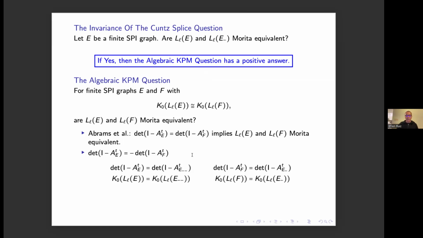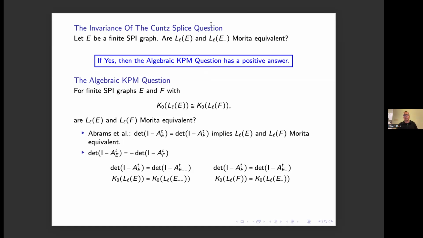And then, because the determinant of 1 minus AF transpose is the negative of the determinant of 1 minus AE transpose, the determinants of the F graph and the Cuntz-Splice of E are going to be the same, with the same K-theory. So we put the Abrams machine into business to say that the Leavitt path algebra of E and its double Cuntz-Splice are going to be Morita equivalent, and the Leavitt path algebra of F and the Cuntz-Splice of E will be Morita equivalent.